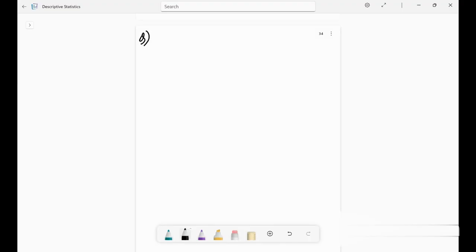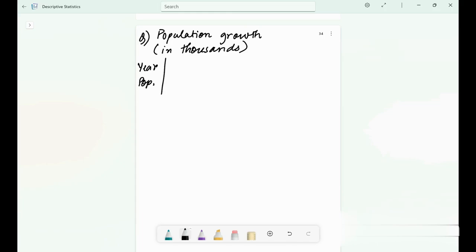Next is population growth. The observation given is population growth. The scale given is in thousands. Okay? So here and then population. Starting population, let's say 2016, 17, 18, 19, and 20.